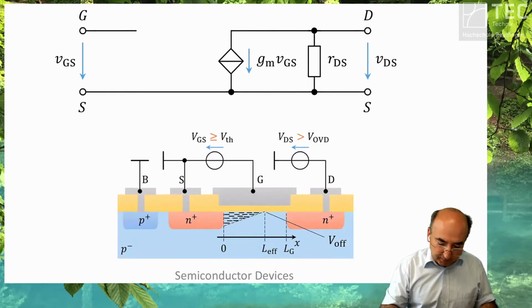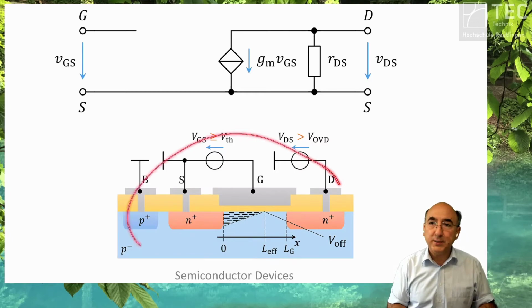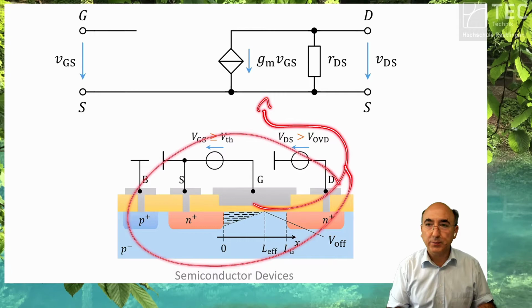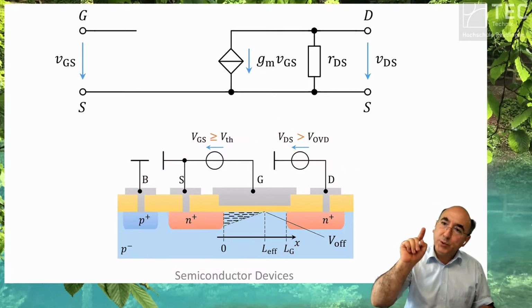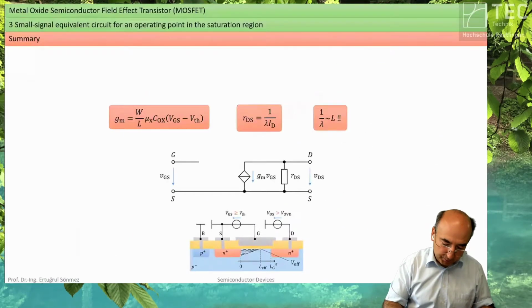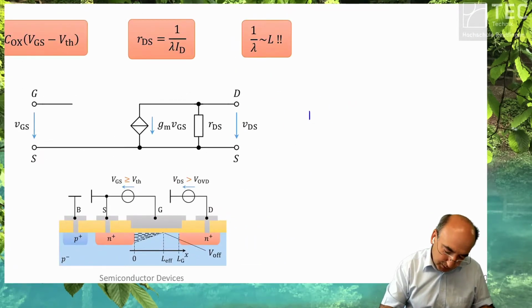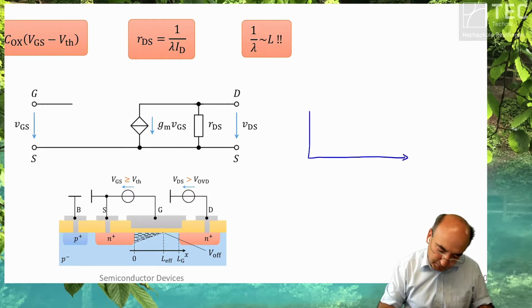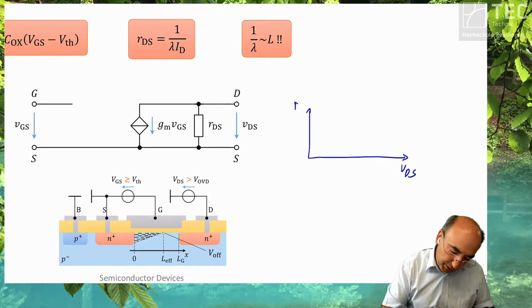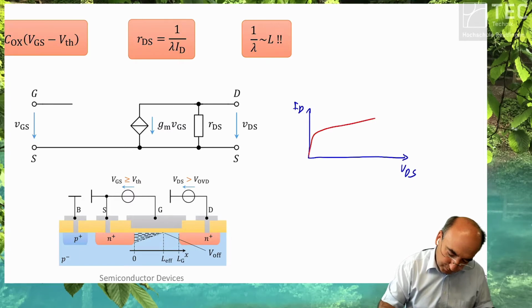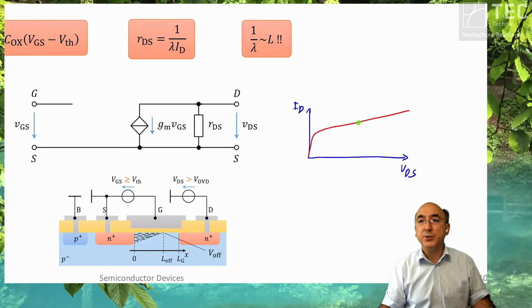So the physical device is translated into an electronic equivalent circuit, but in a certain operation area where this equivalent circuit is true if you have your operation point, your bias, somewhere in the saturation region.